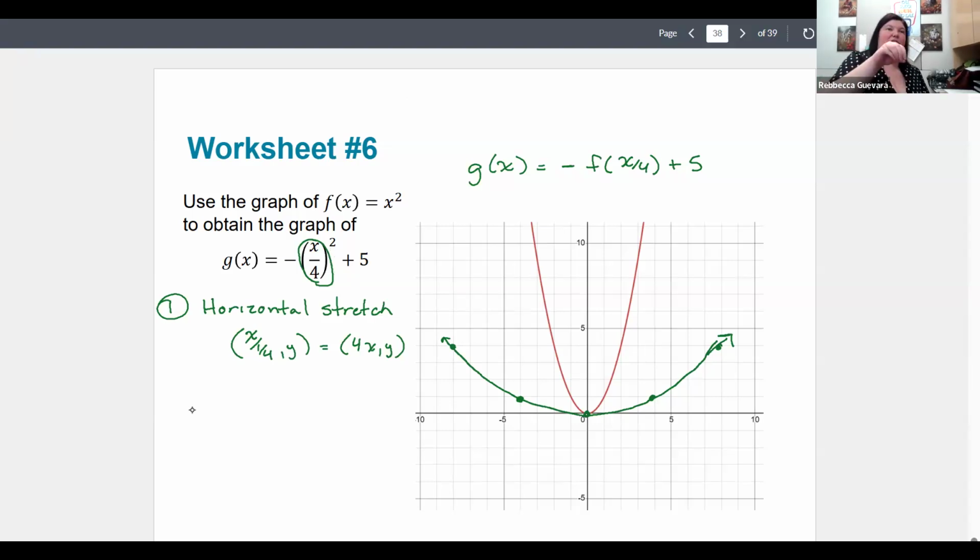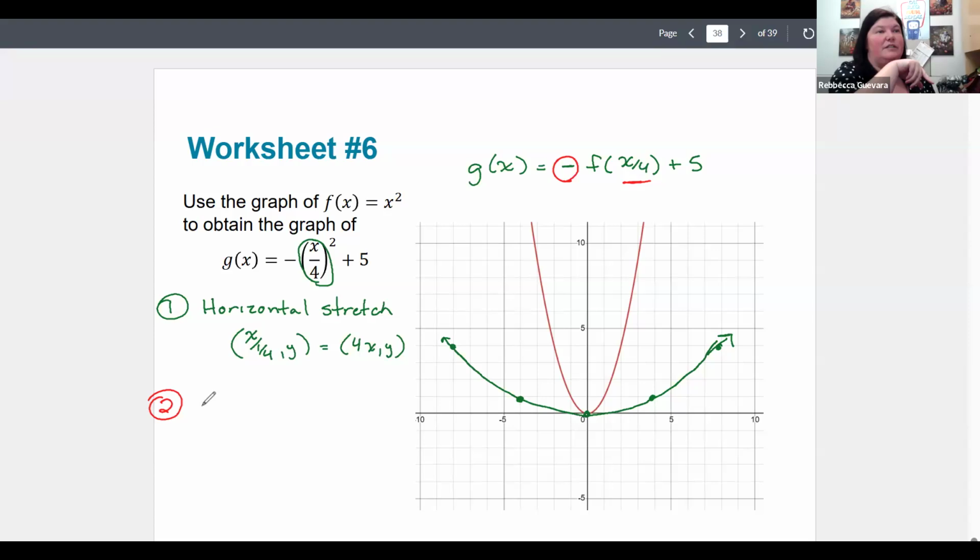So we did parentheses. Now we do multiplication outside the parentheses. So once we're outside, we got this negative, right? So the negative is outside of the function. So that means that this point here is going to reflect down here because the y component is changing.